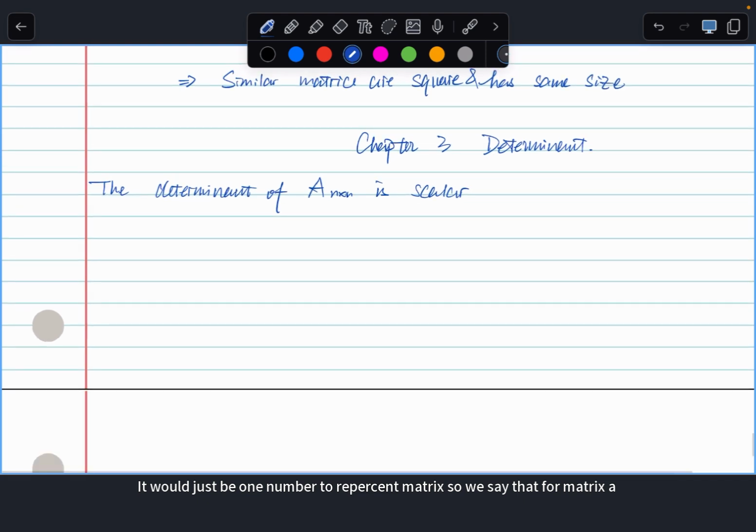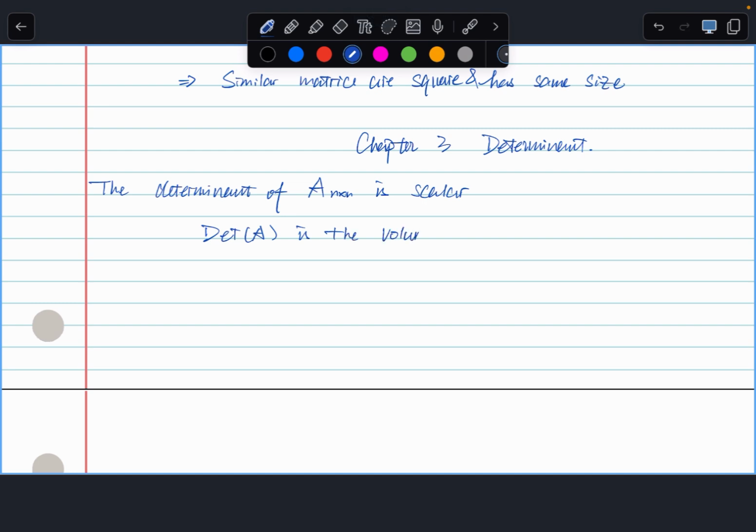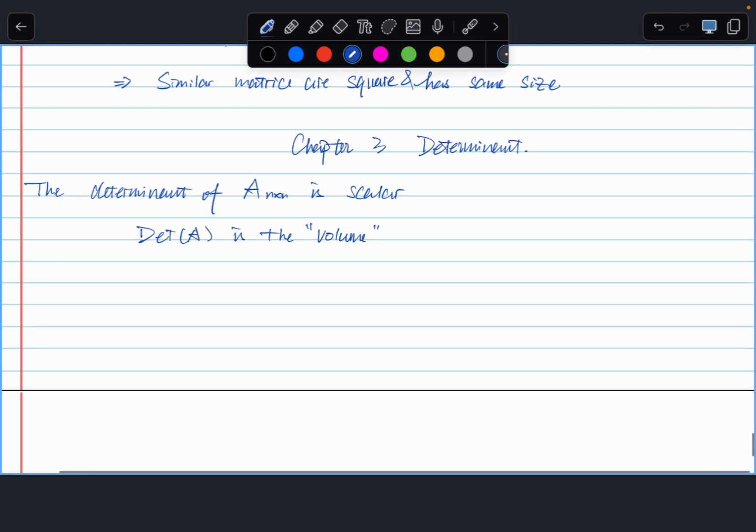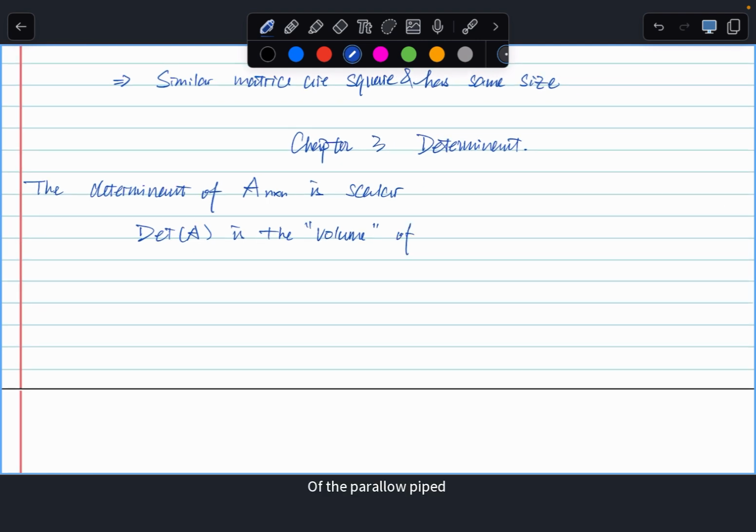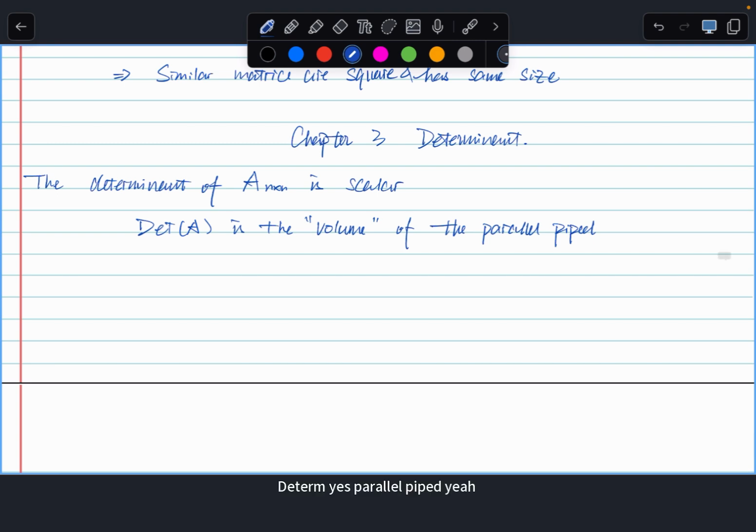So we say that for matrix A, the determinant, we use this notation det A, is the volume of the parallelepiped determined by the columns of A. Wait, what is that word? Yes, parallelepiped.